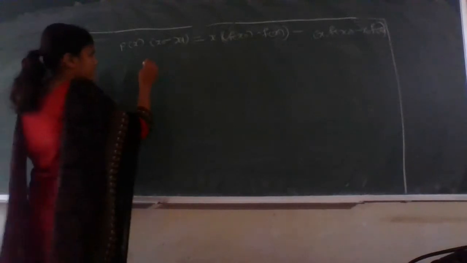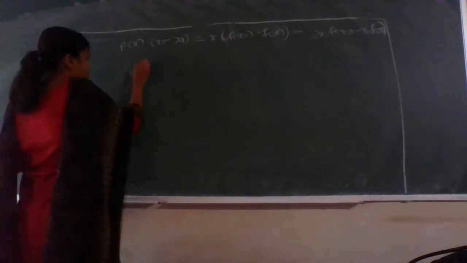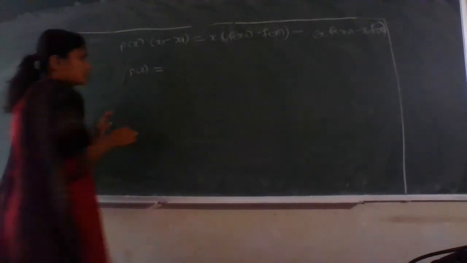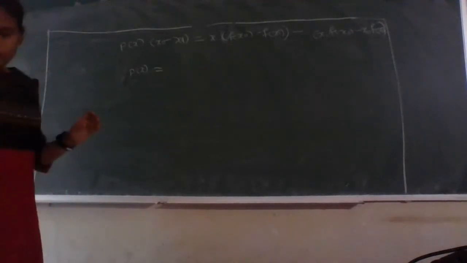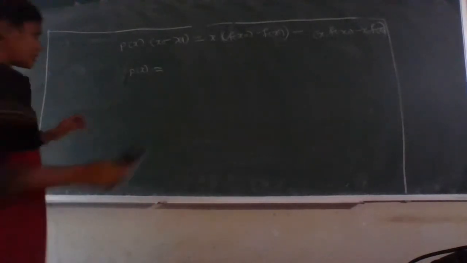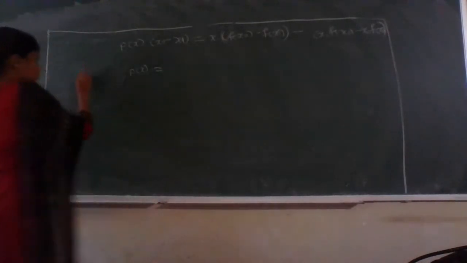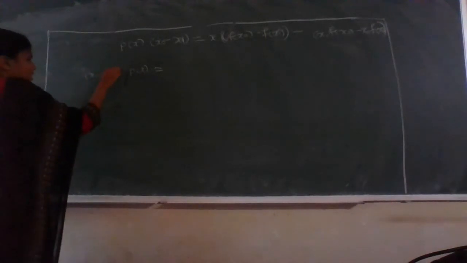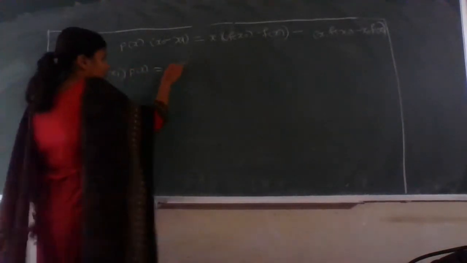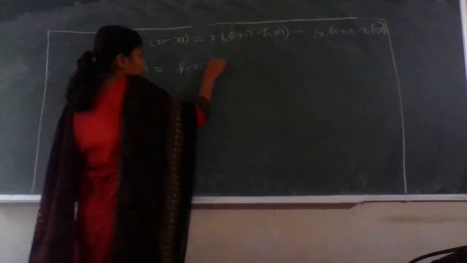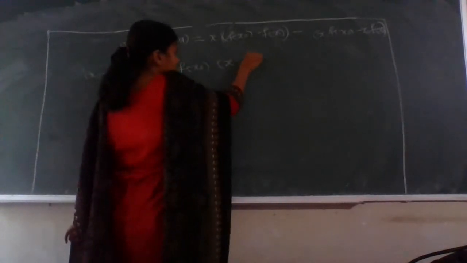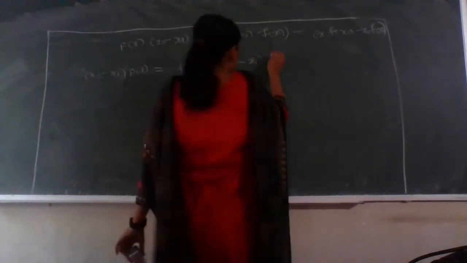So let me write down here p of x is equal to, now we will take f of x naught common and we'll write down the terms p of x into what we have here, x naught minus x1. So if you take f of x naught common, that will be x minus x1. Correct?